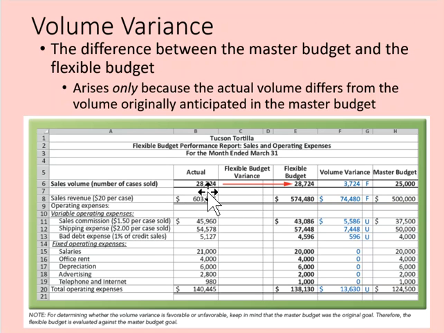So you can see here the actual numbers versus the master budget, which would have been at 25,000 cases sold, and they actually sold 28,724.